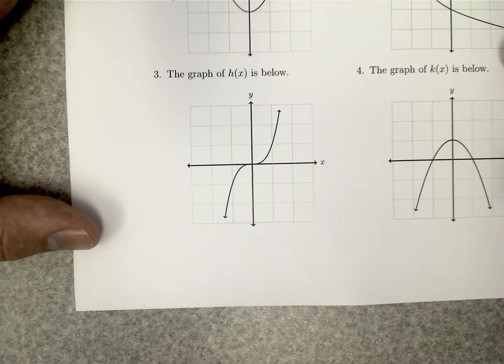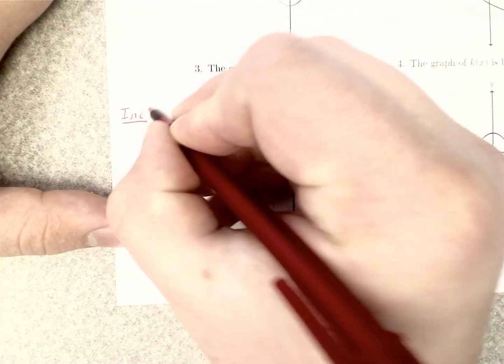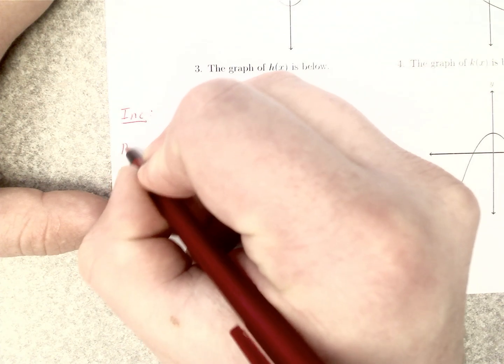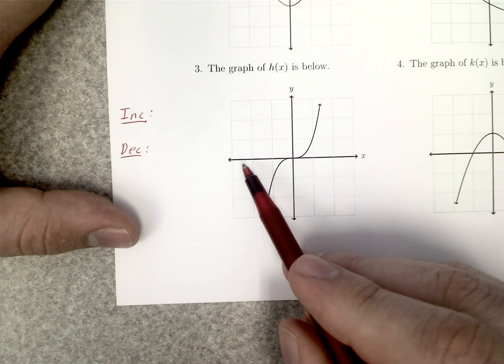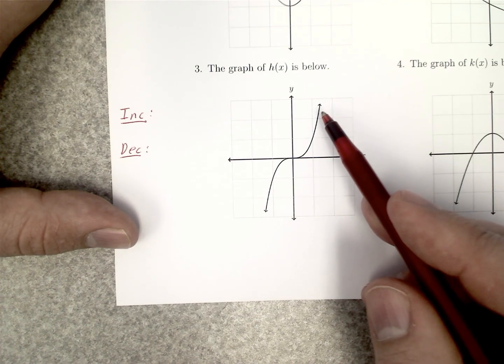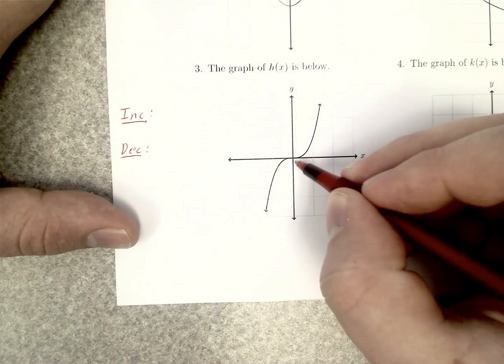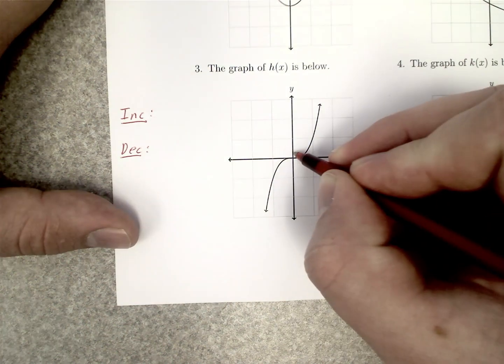All right, example 3. Let's look at intervals of increasing and intervals of decreasing. Again, going from left to right, is the graph going up? Well, for the most part. However, what's interesting here is it looks like it gets flat right here.